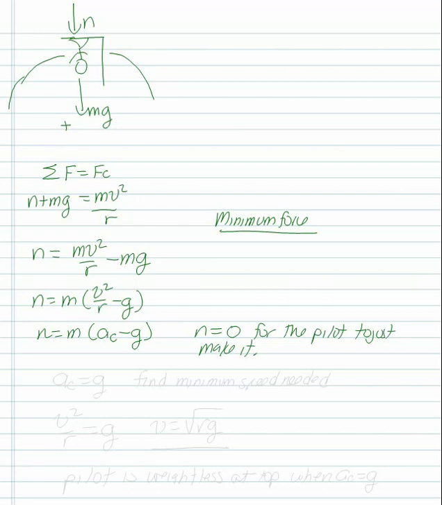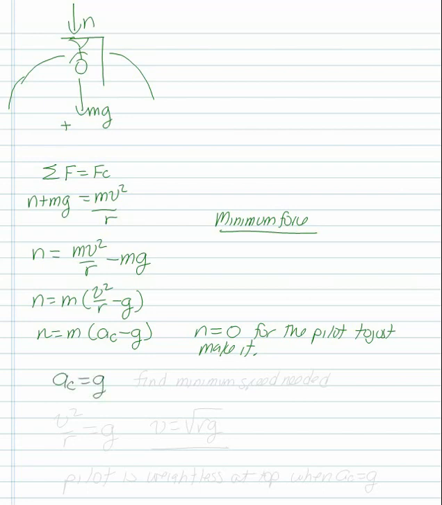A lot of roller coasters are made this way. When N is 0, the only force keeping the person or the roller coaster moving in that circular path is gravity. So if N is 0, what ends up happening is this: a_c equals g.